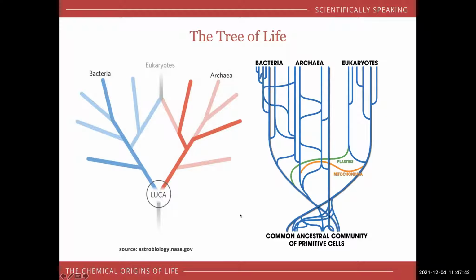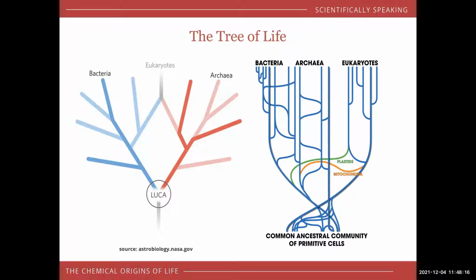There's greater appreciation that you probably didn't have a single last universal common ancestor, but you had a common ancestral community of primitive cells, which did things very similar to what we see happening in modern cells, albeit in a very simplistic manner, just because they are not as complex as modern cells. And along the line of evolution, there were a bunch of selection pressures that further constricted the number of ancestral communities of primitive cells that might have been present, and then eventually led to the three domains of life as we see them today.